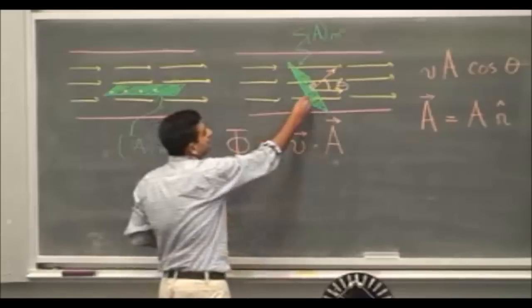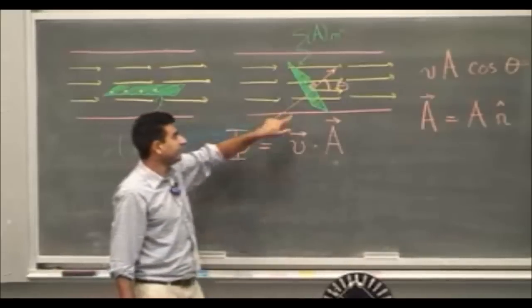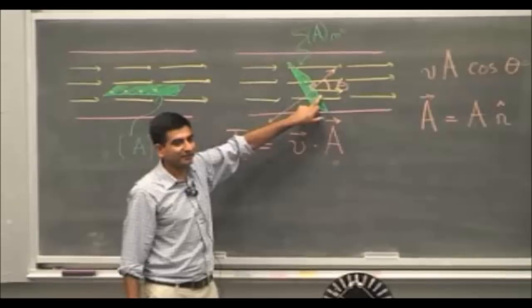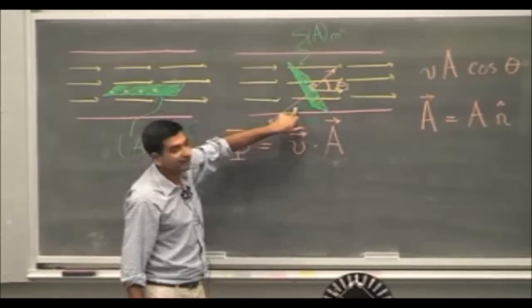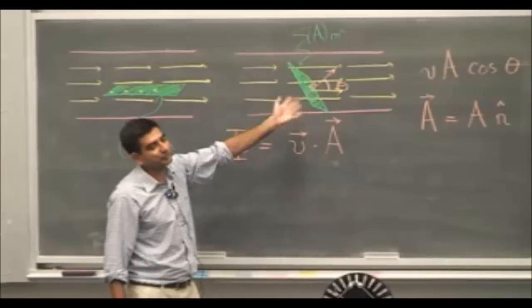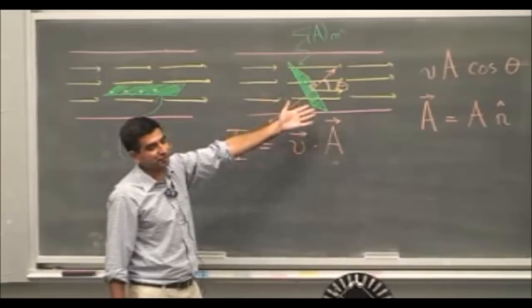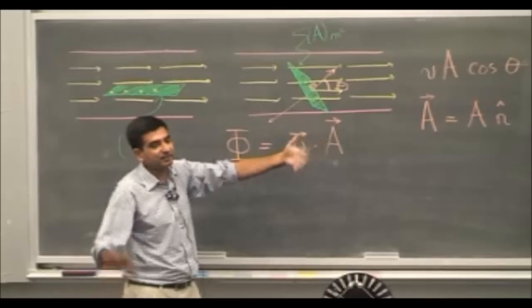So if I define this to be the unit normal, well, there is some ambiguity in how you can define it, either through this or through this. In this case, the angle will be between 90 degrees and 180 degrees. The cosine of such an angle is negative, so the flux will be negative. So according to your definition of the area, the flux is going to be negative, if that doesn't harm the result. Okay.